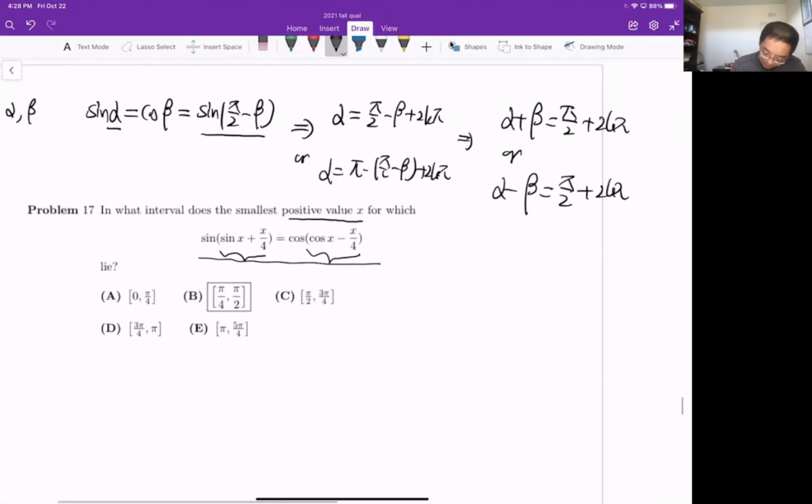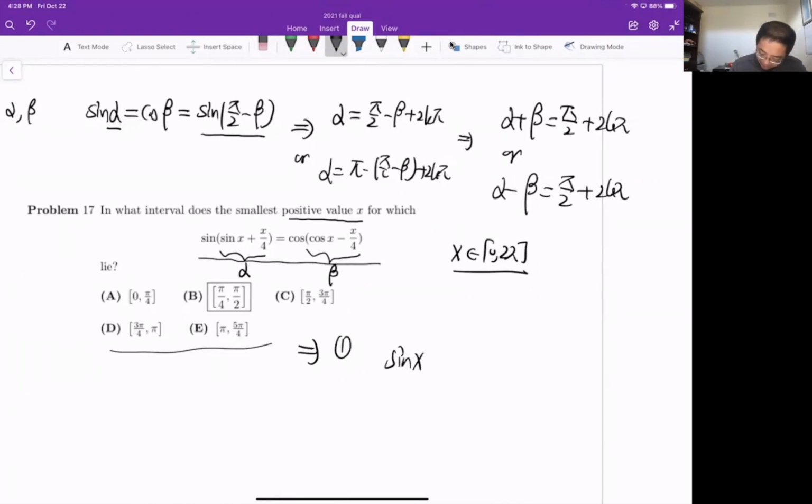Now here, x is always between 0 and 2 pi. I restrict it because all the options are between 0 and 2 pi, and then there are only two possible scenarios. The first one: consider this alpha and this beta. We have sine of (x plus x over 4) plus cosine of (x minus x over 4), so alpha plus beta, which could be pi over 2.